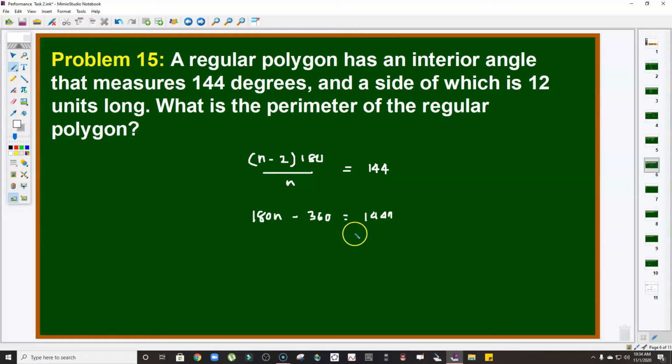Then combine like terms: 180 minus 144 is 36n, equals 360. Clearly, n is equal to 10, so this is a decagon. Since each side measures 12 units long, the perimeter of our polygon is 120 units.